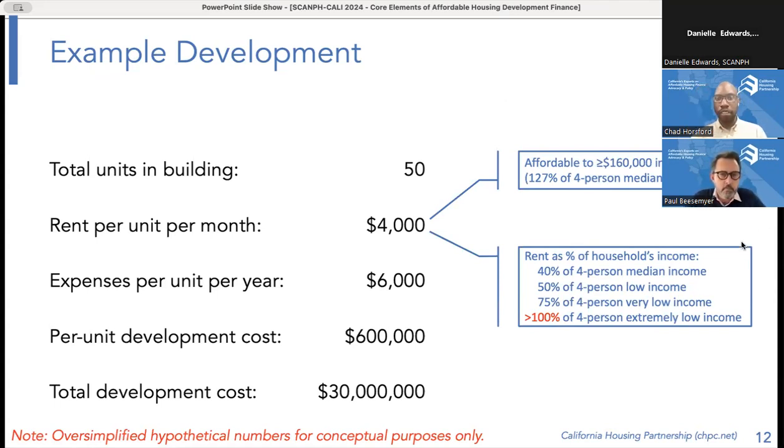Of course, that works out to being a bit more as a percentage of income as you go down the income spectrum. So for an extremely low income household, it's unsustainable, where it's more than 100% of what an extremely low income household would make.